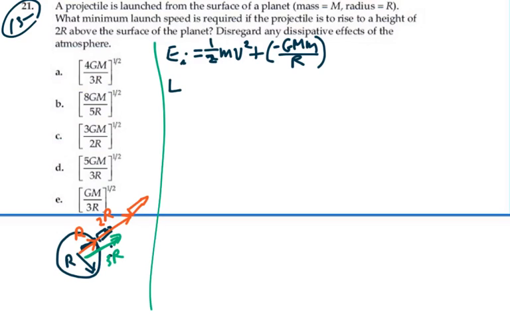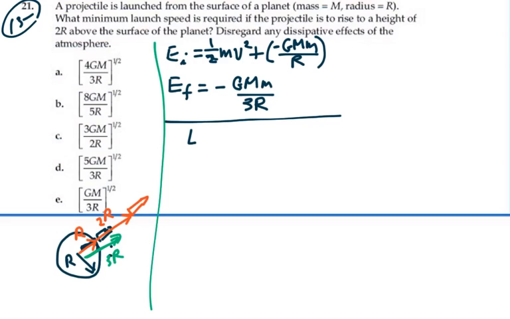Our final energy is simply going to be our gravitational potential energy at that point, which is going to be negative GMm over 3r, because that's our distance from the planet at that point. We have no kinetic energy at that point because we just barely got there.